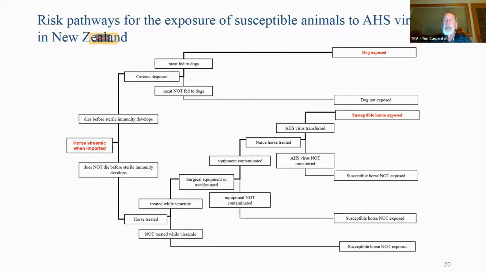And if that naive horse is infected, there's the possibility of it becoming an infected susceptible horse. And that's basically the only way that we're going to see exposure, through contamination of equipment or needles and subsequently infecting another horse. And that's because of the situation in New Zealand.